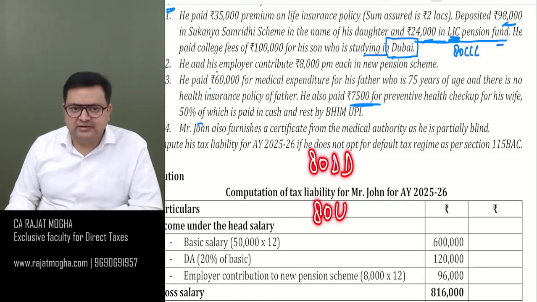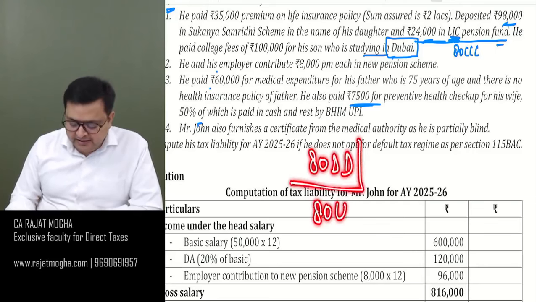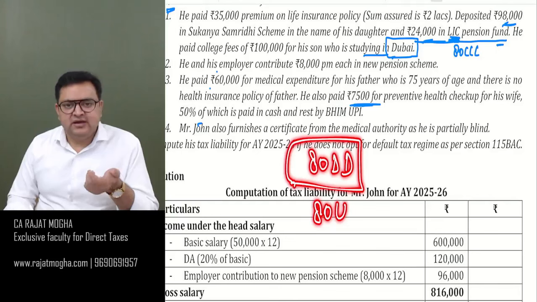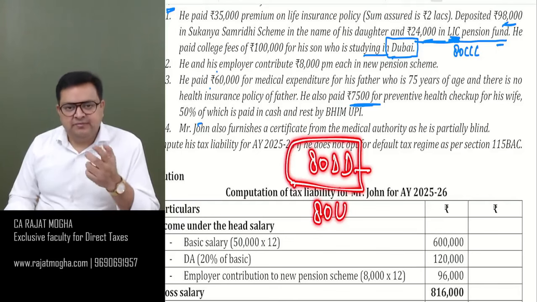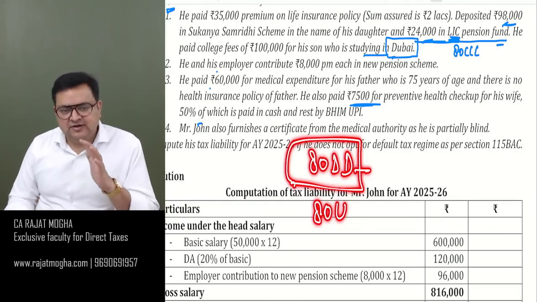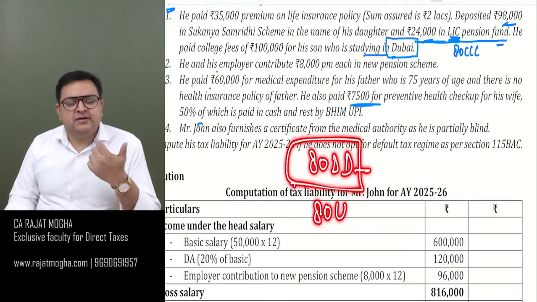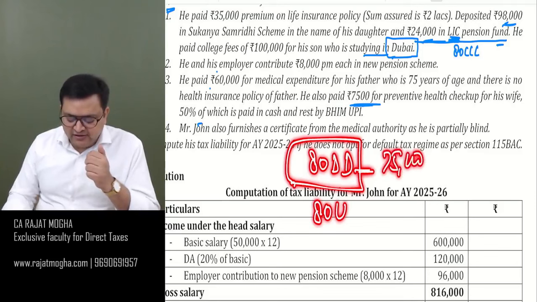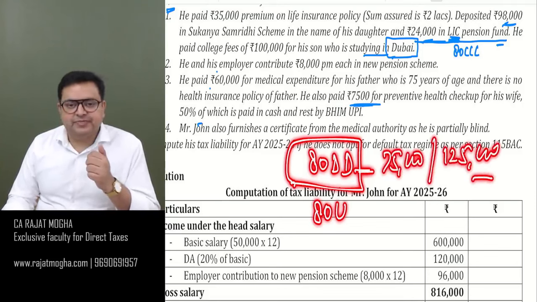Both are disability. 80DD if there is any person who is dependent on the assessee, let's say assessee's spouse, children, parents, or brother and sister, then they will get a flat deduction of 75,000. In case of severe disability, there is a flat deduction of 125,000.